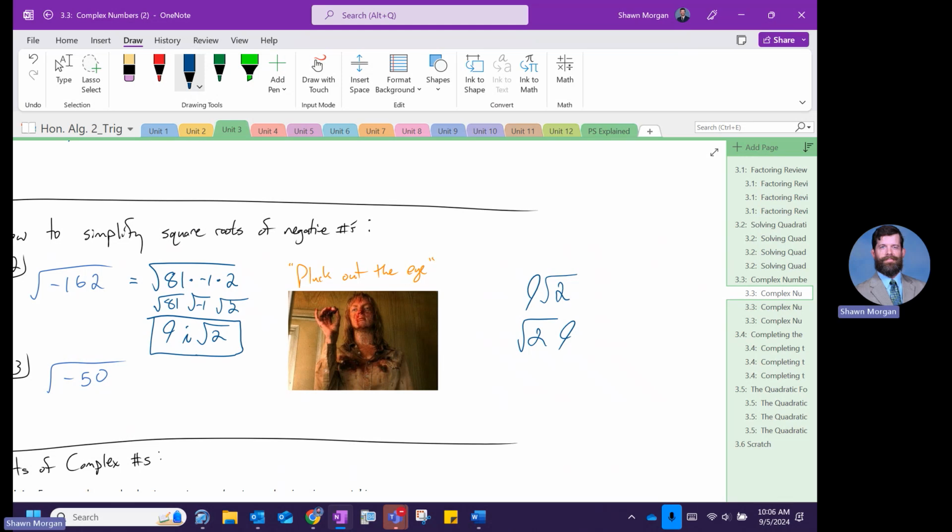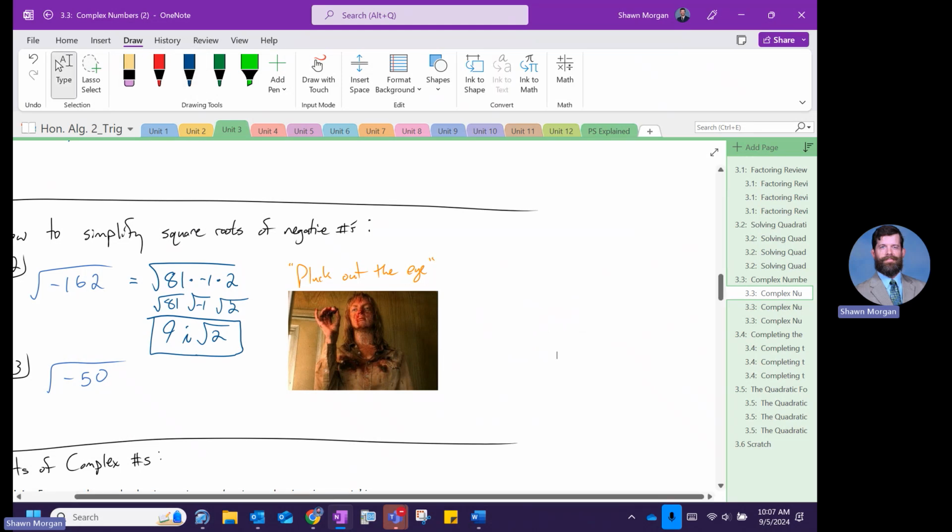This second one. What's maybe hinky about how I've written this up? It looks weird. All right, so there's a little bit of ambiguity there. Is that the square root of 2 times 9, or is that the square root of 29? And that problem gets exacerbated if we have an i as well.